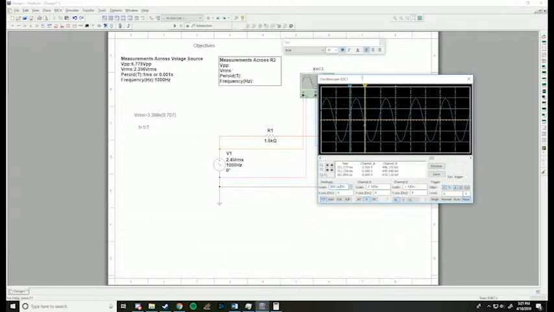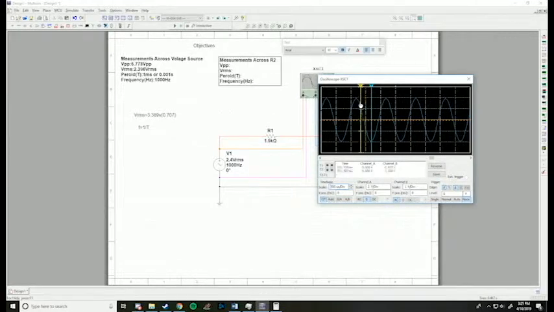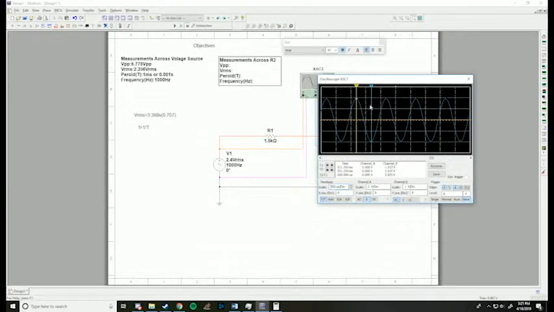And it's the same thing essentially. So voltage peak to peak, next Y max. And then channel B, voltage peak to peak is 3.873 volts.